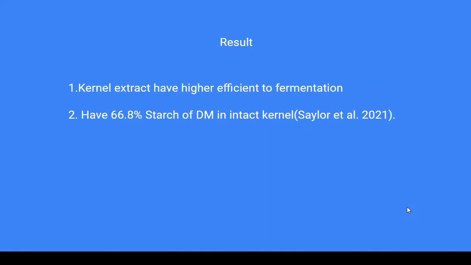Also, according to Saylor's journal, there is 66.8% starch of dry material in the intact kernel. So it can be seen that the kernel includes more starch, and more starch will produce more glucose.